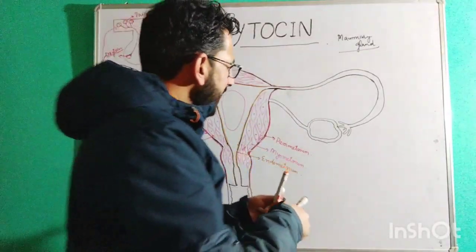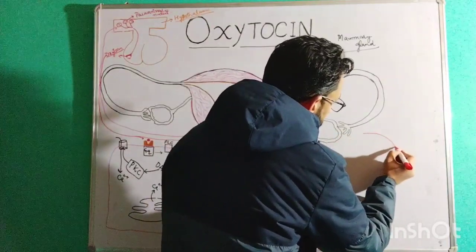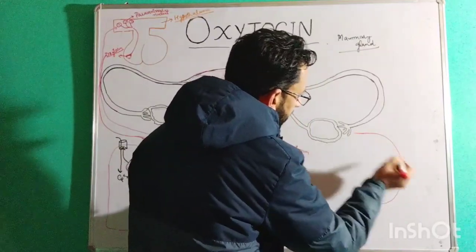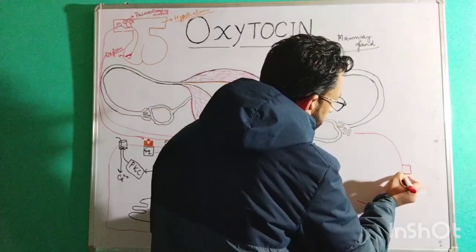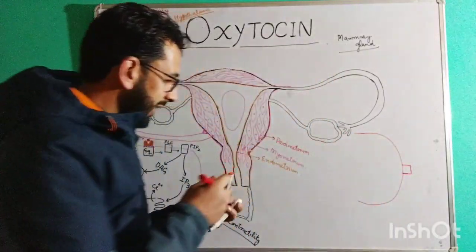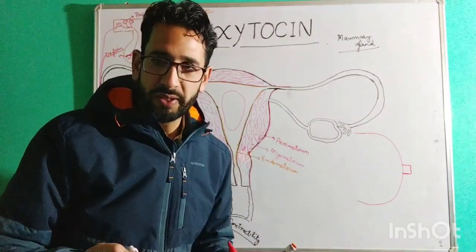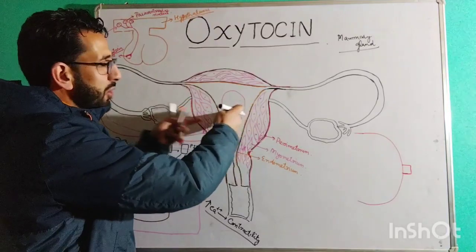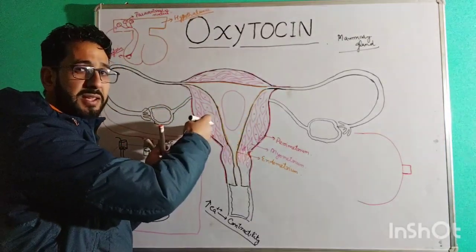Suppose here is the mammary gland, and here is the nipple. On this mammary gland, this oxytocin is acting, and there should be some stimulus for that. Just like we have the baby putting some stretch on the walls of the uterus, that is the stimulus, and those stretch receptors were activated.